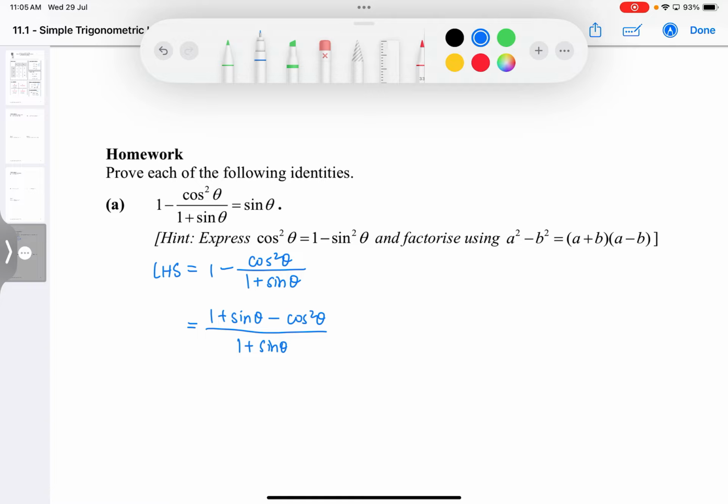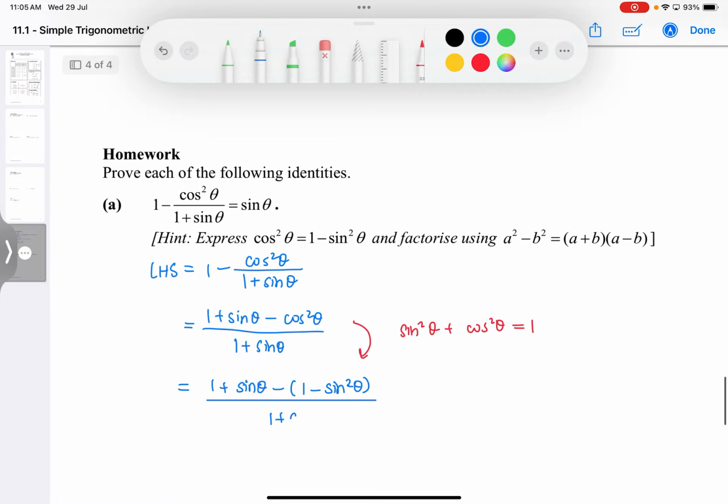I know that cosine square is given by 1 minus sine square theta. Remember the identity? Sine square plus cosine square equals to 1. So cosine square must be 1 minus sine square, correct? Then the denominator, no change: 1 plus sine theta.